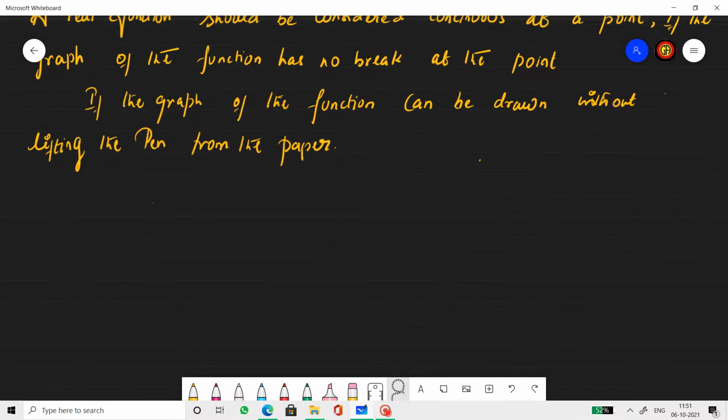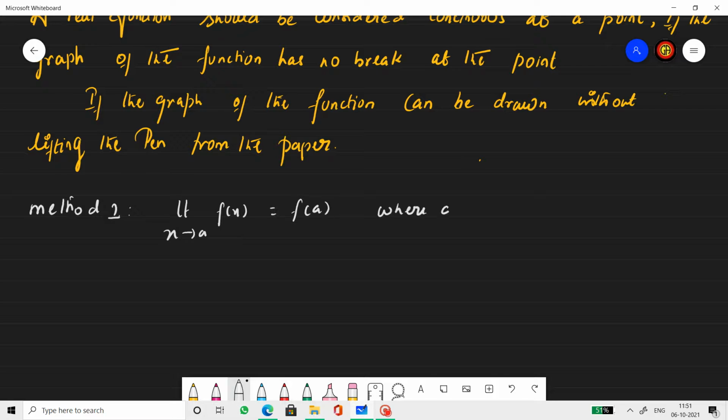But when you do it method-wise, there will be two methods to it. Method 1 is limit x tends to a, f of x is equal to f of a, where a belongs to the domain of the function. When limit x tends to a, f of x is equal to f of a, then the function is said to be continuous at a.